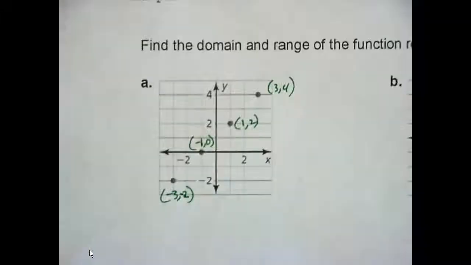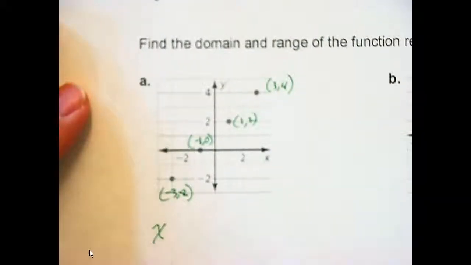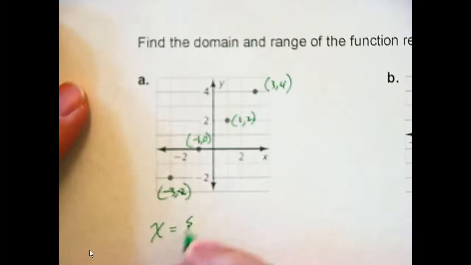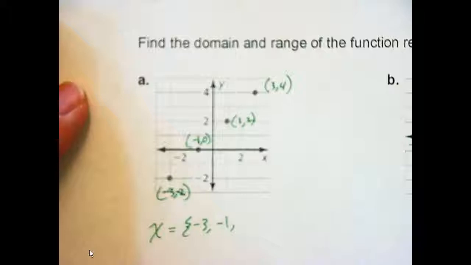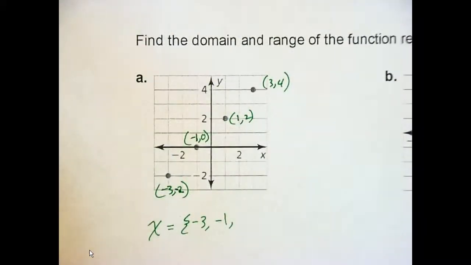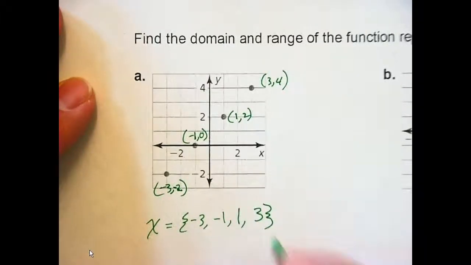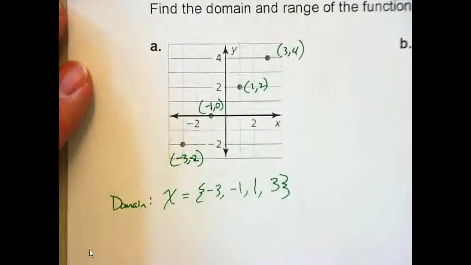So if I'm saying my domain is X, so my domain is -3, -1. I'm listing all my X's. 1 and 3. That is my domain. It's all of those.